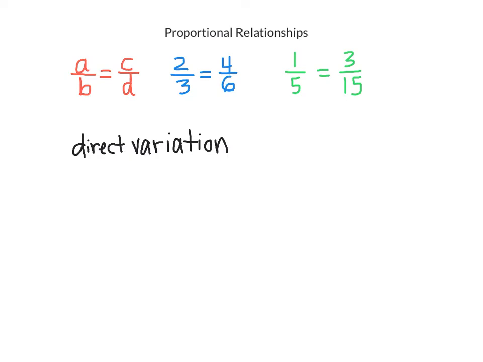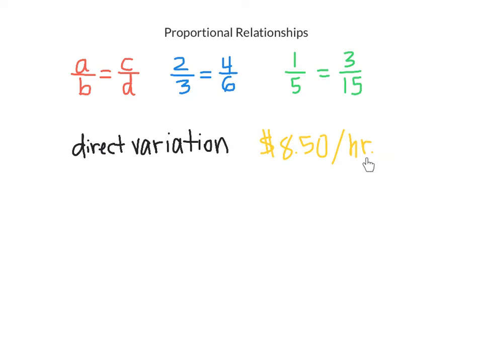Another great example of direct variation is the amount of money that someone makes. Let's say that a teenager gets a job paying $8.50 per hour. Well, we already know that this is a proportional relationship or varies directly, because for each hour he's going to earn, or she's going to earn, $8.50.